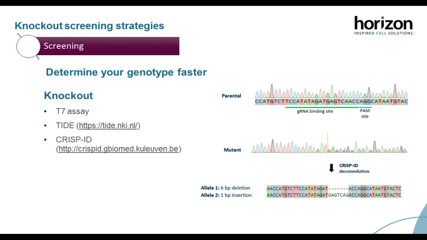So we have one allele which is likely to be functional and one allele that is likely to have a premature stop codon. It's a really quick way of finding your real knockout clones from your maybe heterozygous knockout clones or your homozygous in-frame deletion clones. They're really great tools.